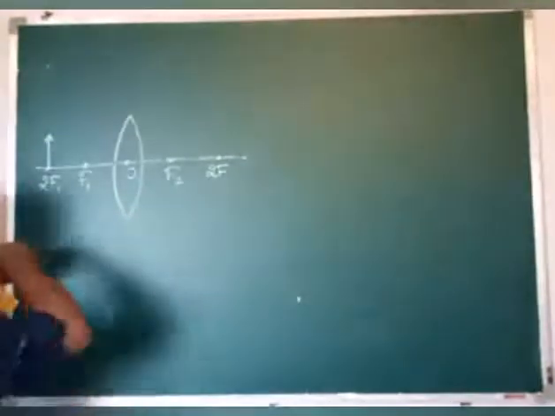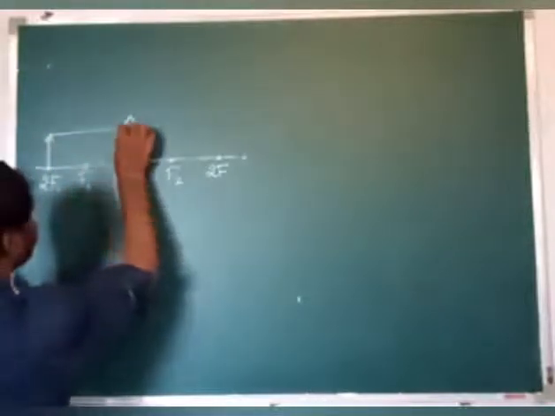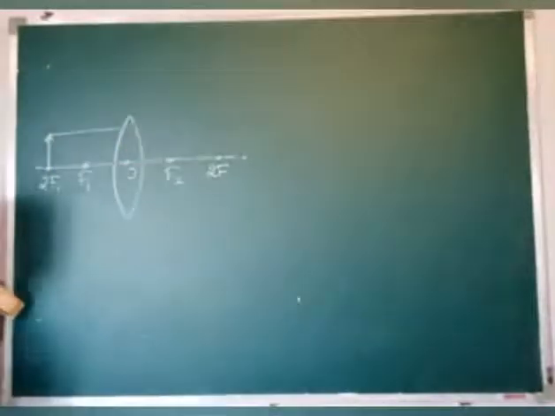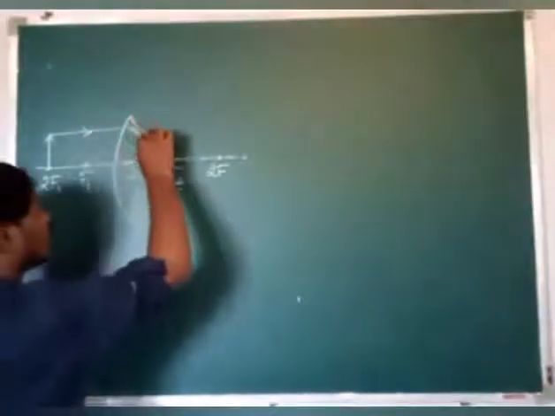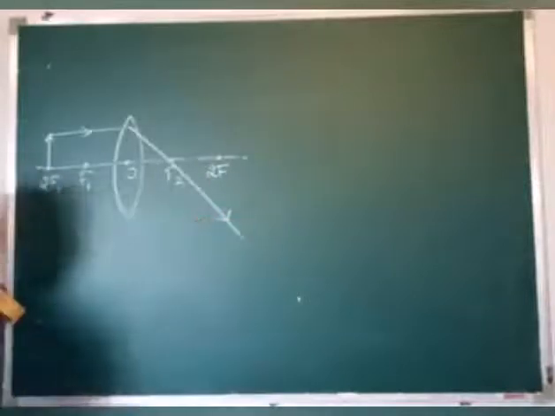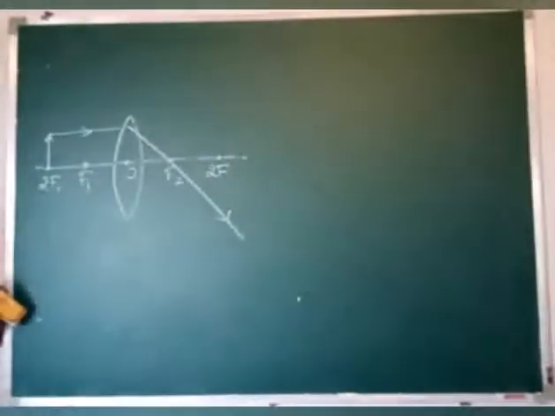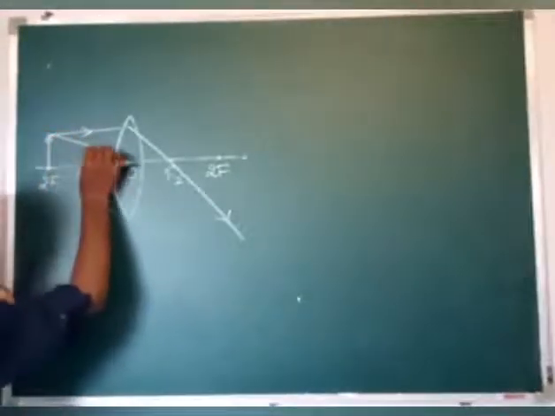Okay. So after refraction, first the incident ray is parallel to the principal axis. After refraction, the refracted ray passes through the second principal focus. Then the second incident ray, which is passing through the optical center, passes without any deviation.